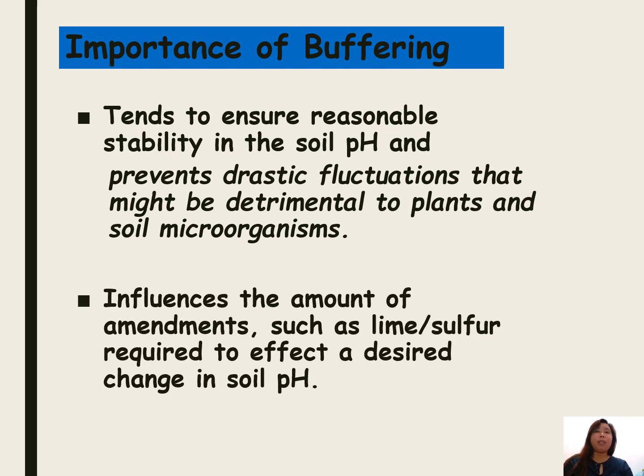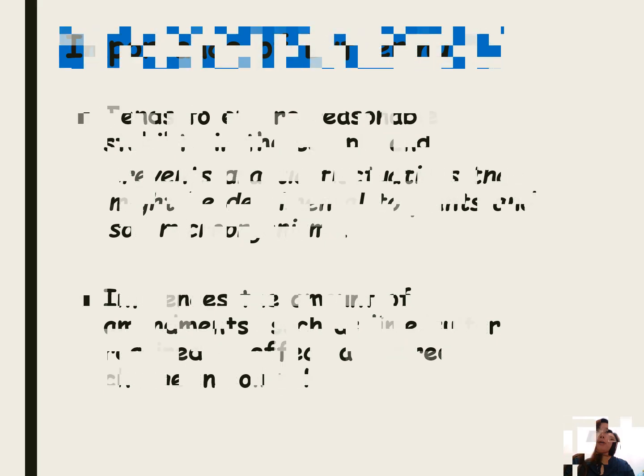It also influences the amount of amendment, such as lime or sulfur, required to effect a desired change in soil pH. If you want to increase the soil pH, you apply lime if it is acidic. If it is basic, you apply sulfur.